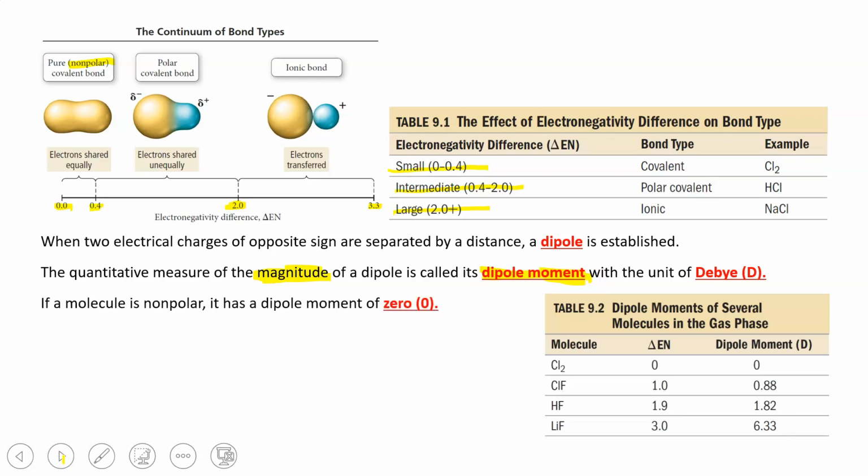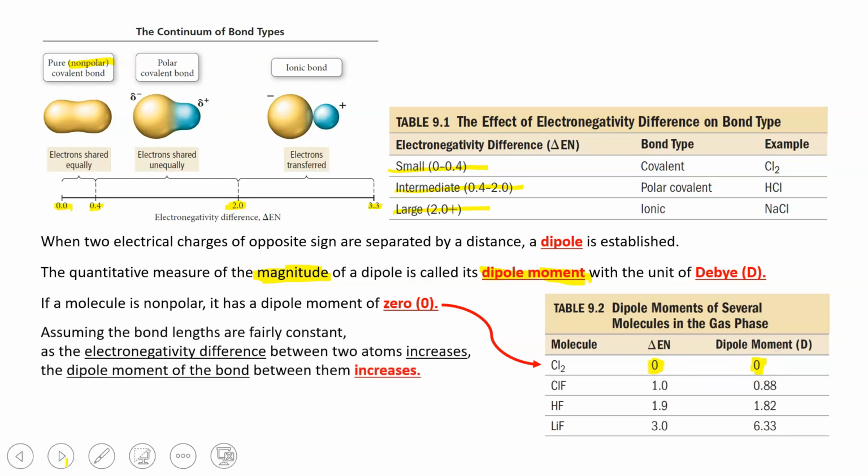If a molecule is nonpolar, it has a dipole moment of 0 because there's no difference in electronegativity. You've got an example right down here. The chlorine molecule has 0 difference in electronegativity, so its dipole moment is 0. Assuming that the bond lengths are pretty similar, as the electronegativity difference between two atoms increases, the dipole moment of the bond between them also increases.